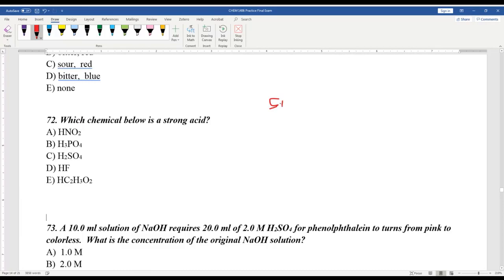Anything that's not a strong acid is by necessity a weak acid. So here's your 7 strong acids.